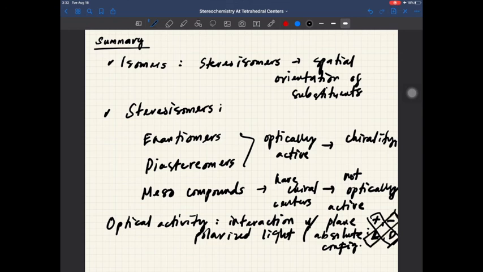L, left, minus. On the other hand, relative configuration is the R and S assignment of your chiral centers based on the Cahn-Ingold-Prelog sequence rules. Rule number 1 is that substituents are arranged in such a way that substituents having higher atomic number have more priority than those with lower atomic numbers.